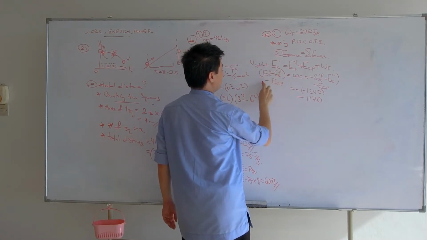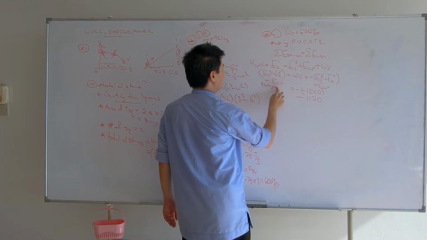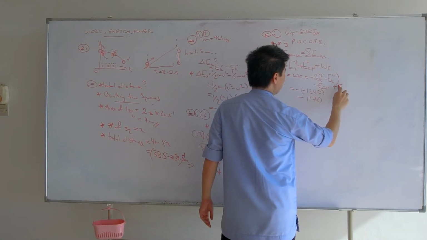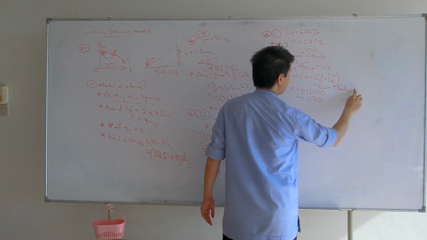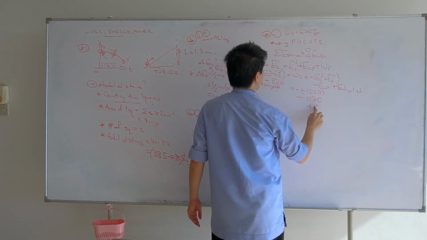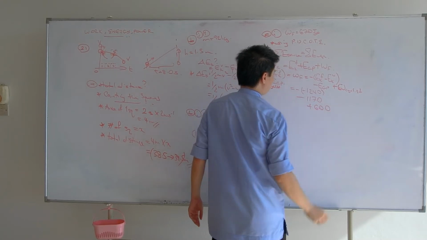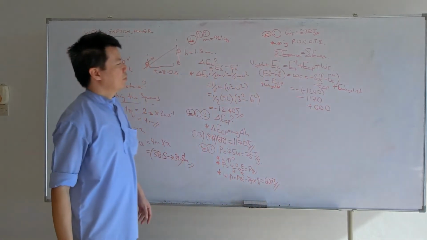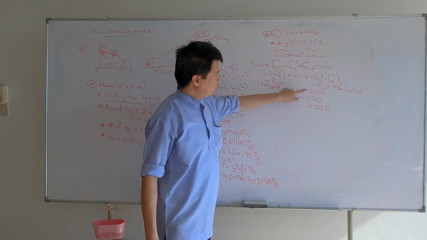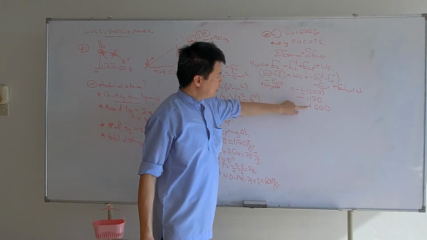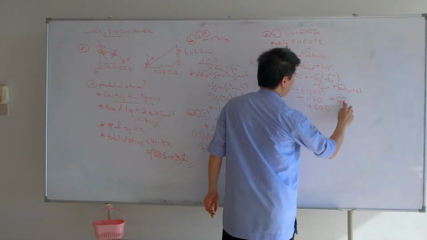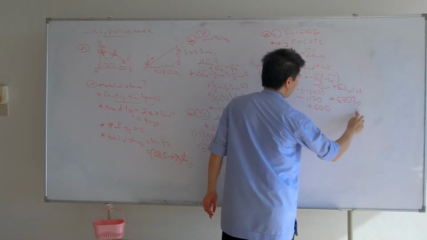So it is a plus here, and therefore it is a plus here. Work done by the cyclist plus 600 equal to 670 joules. Therefore, shown.